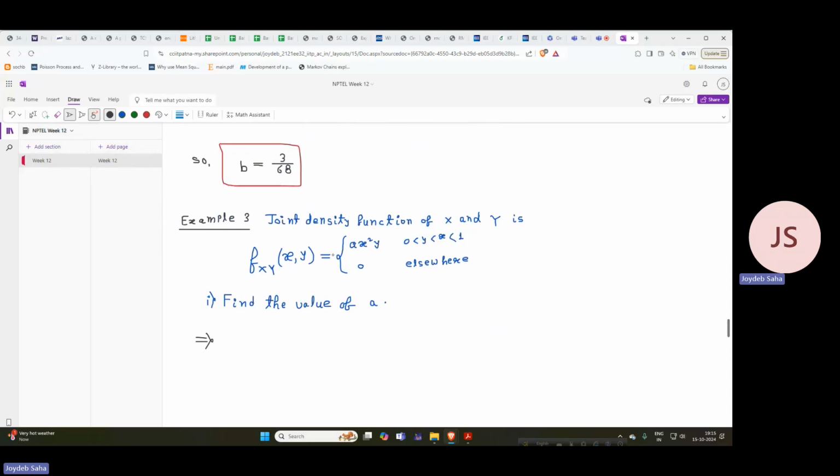Please take 2-3 minutes and try to solve, and write the answer in the chat box. Take 2-3 minutes, try to solve in the similar manner of the previous question.